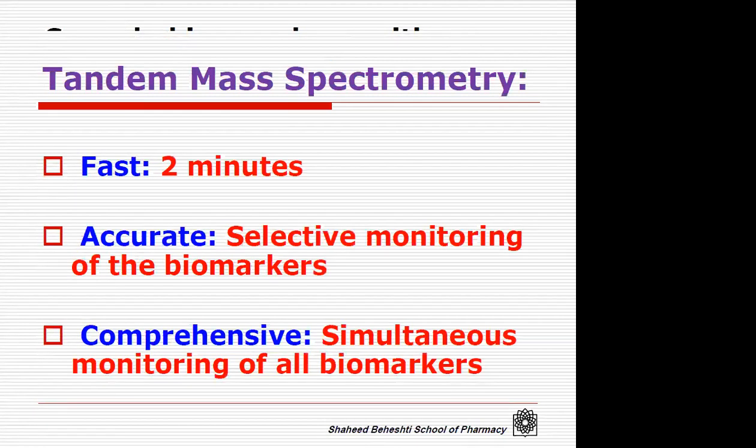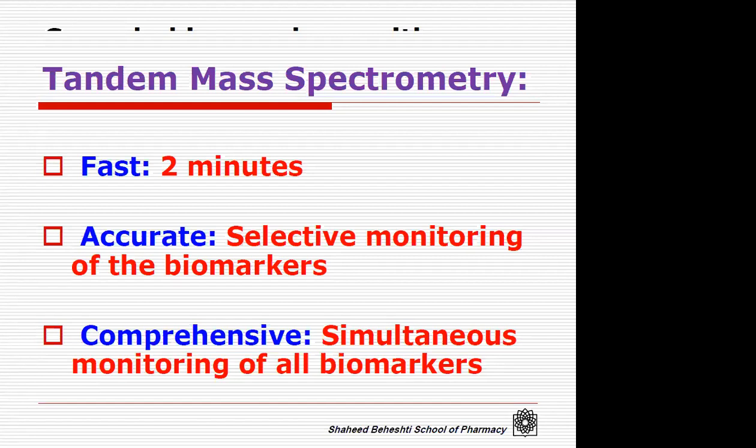The instrument and the technique which has these characteristics is tandem mass spectrometry. Before tandem mass spectrometry was invented and came into practice in clinical chemistry, we were not able to diagnose all the metabolic disorders together.